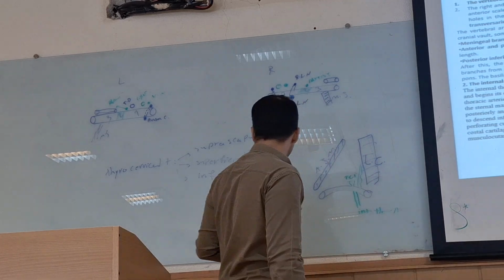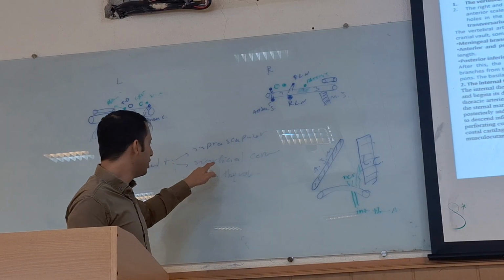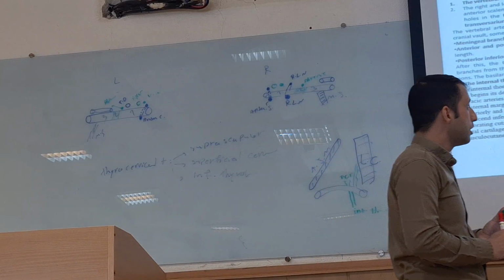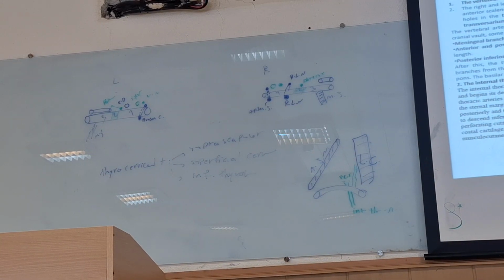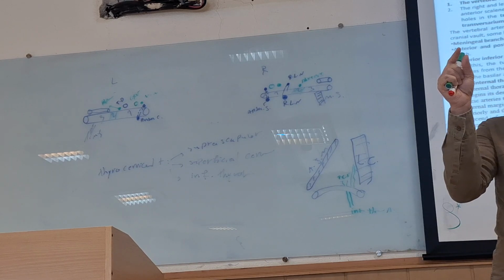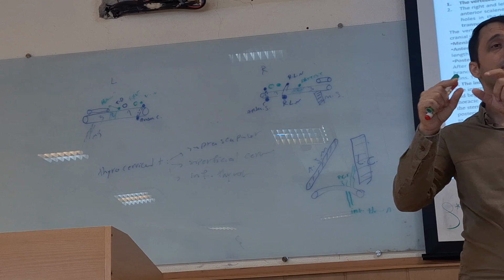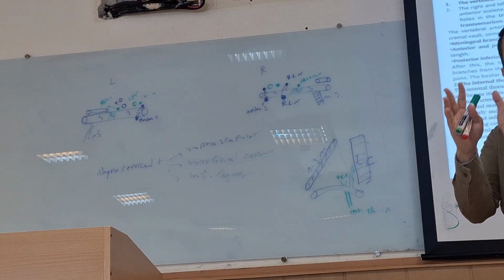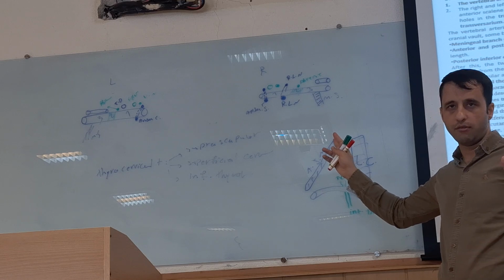Another artery is the superficial cervical. Maybe instead of the superficial cervical, we have a branch named the transverse cervical branch, but for now you should learn the superficial cervical.